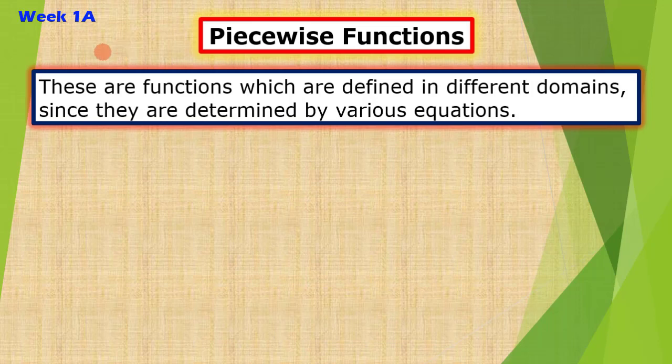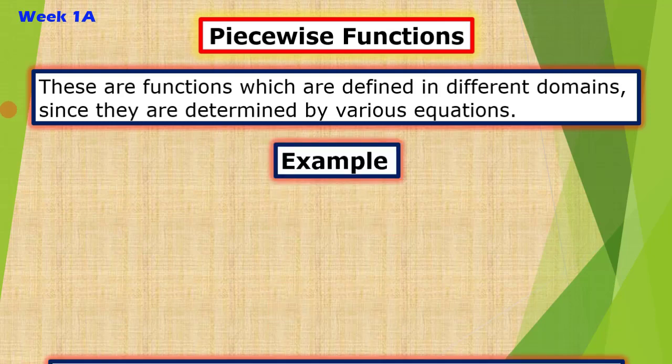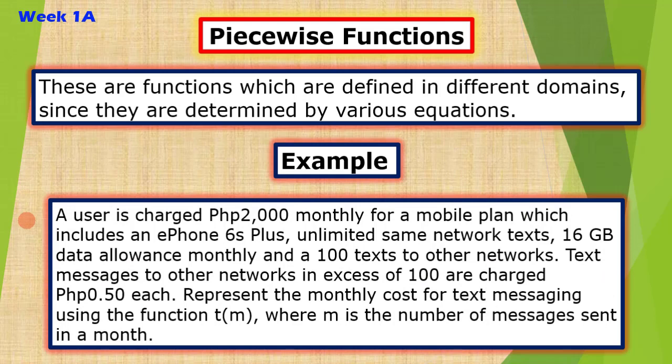Piecewise functions. These are functions which are defined in different domains since they are determined by various equations. For example, a user is charged 2,000 pesos monthly for a mobile plan which includes an iPhone 6s Plus, unlimited same network text, 16 gigabytes data allowance monthly, and 100 texts to other networks.